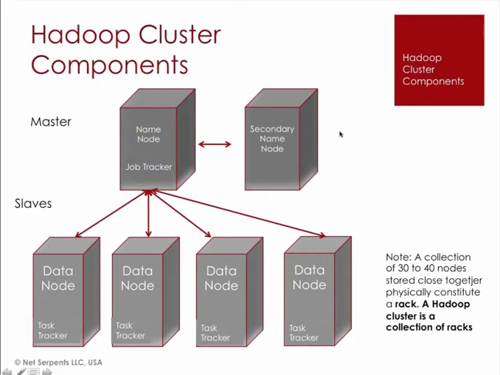You know what's a metadata? You'll find this term as you go: data about data. So what kind of metadata does the name node need to contain? It contains information about which block and which file is lying in which data node. So it keeps track of addresses of data across all the different nodes.